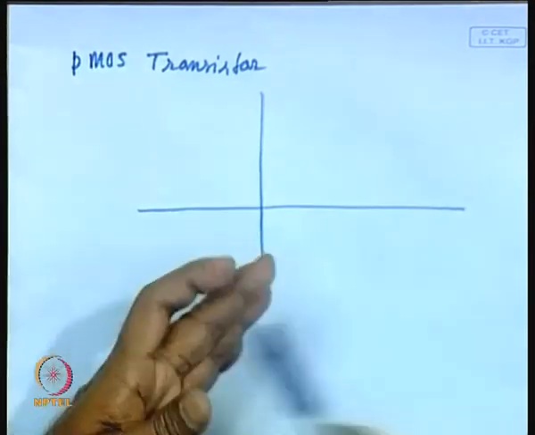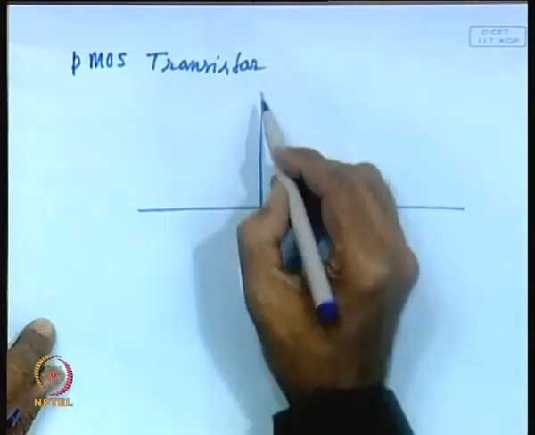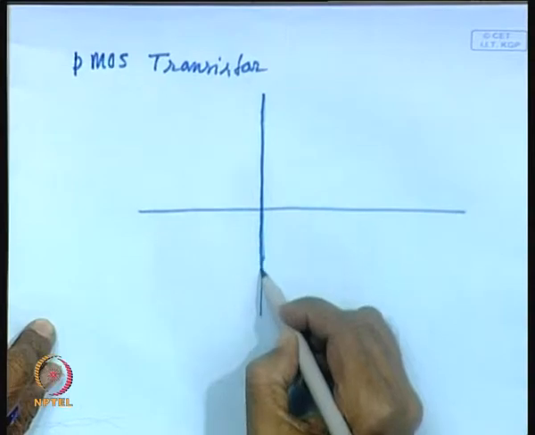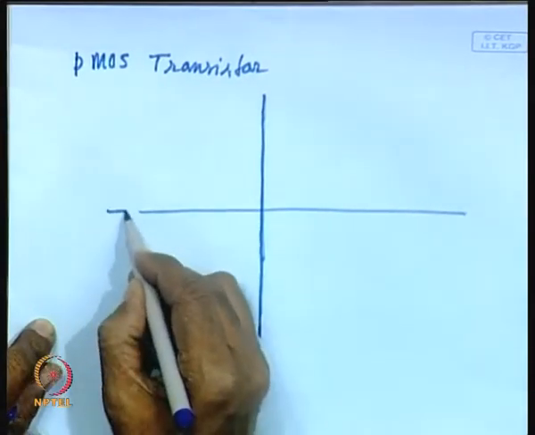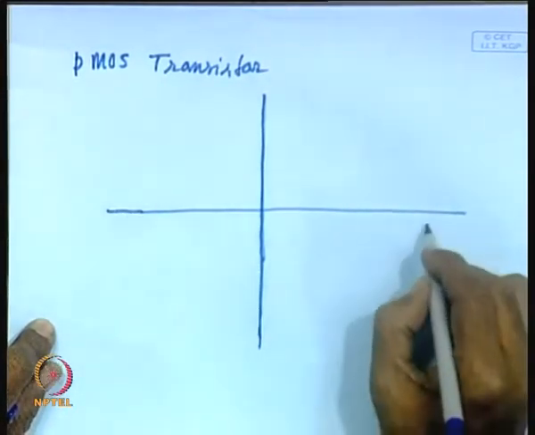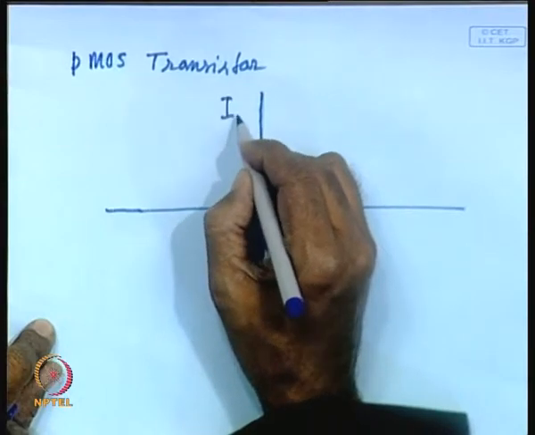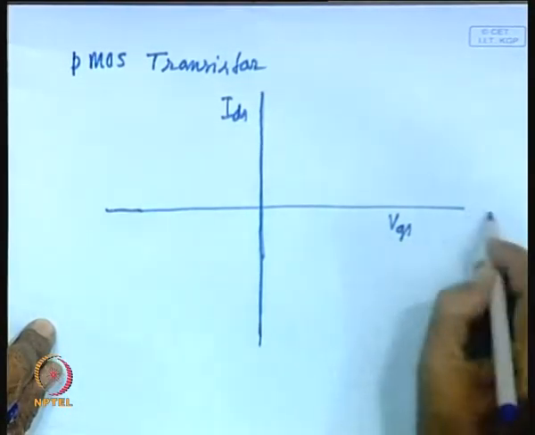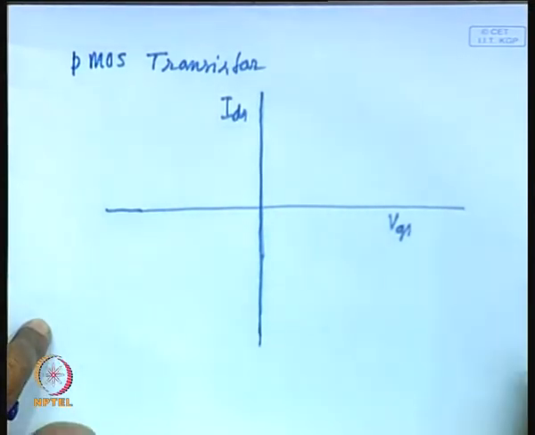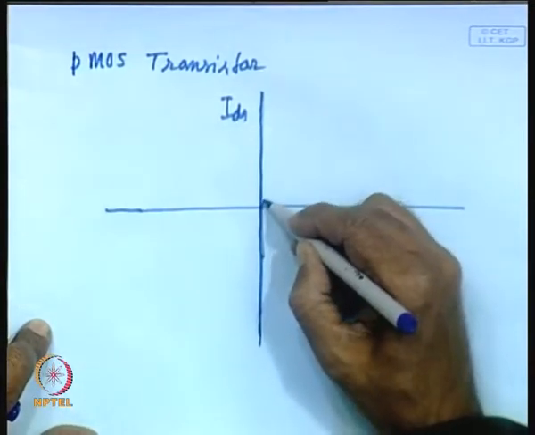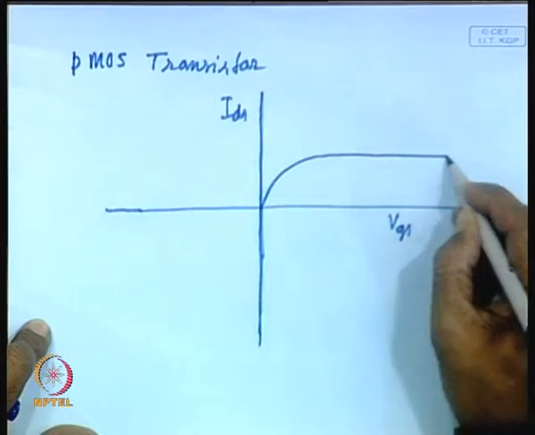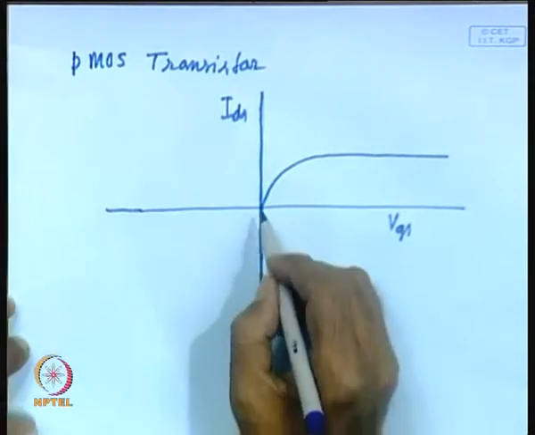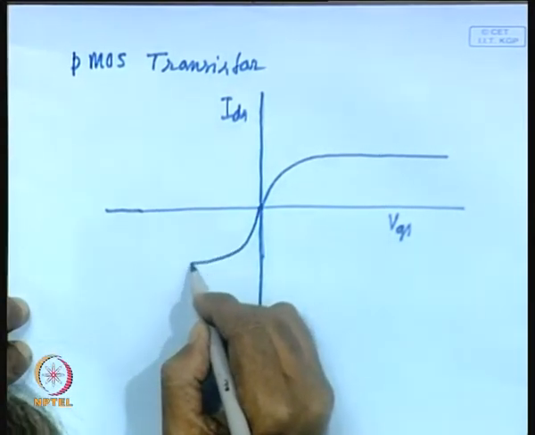So, you have got 4 quadrants, you can see here. This is your IDS and this is your VGS, this is positive and this is negative. For NMOS transistors, the curve is on this side. On the other hand, for PMOS transistors, the curve will be on the negative side.